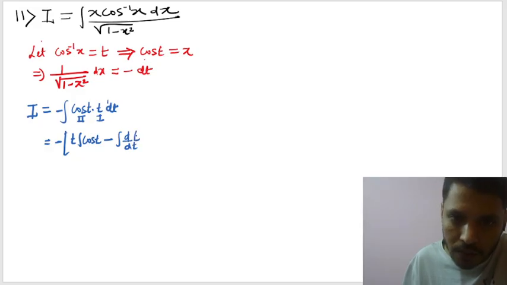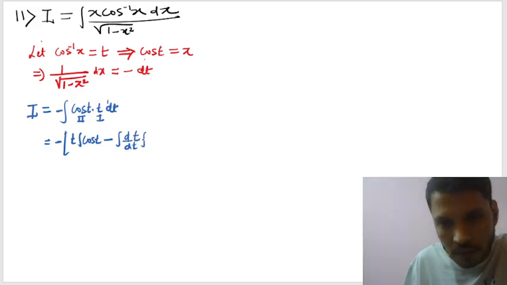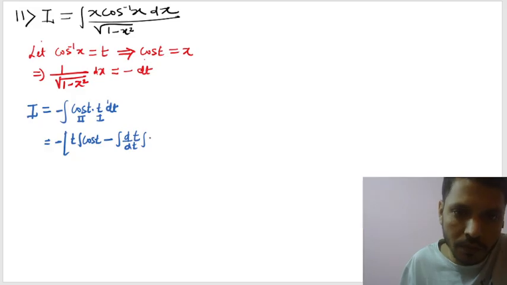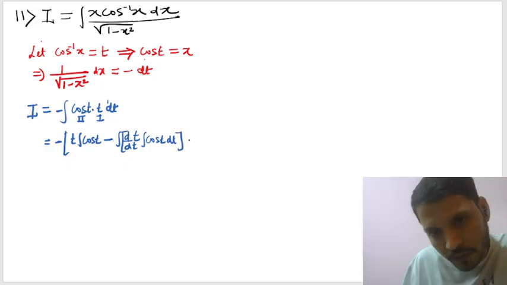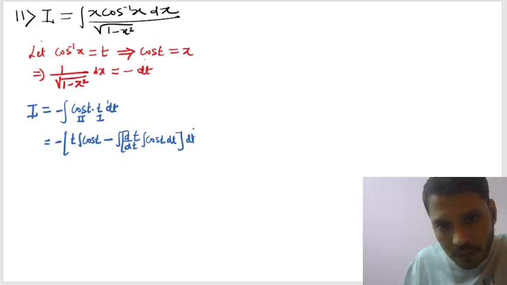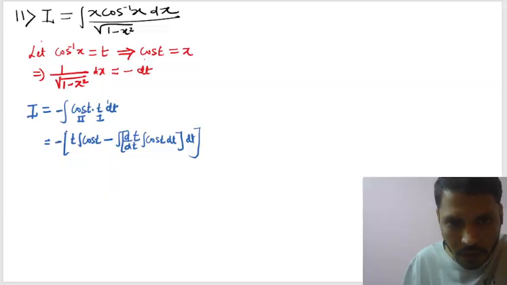That is, the derivative of the first function t, and then the integration of the second function, which is cos t. So we write cos t dt, and then we should take a bracket here also, and one more bracket at last.